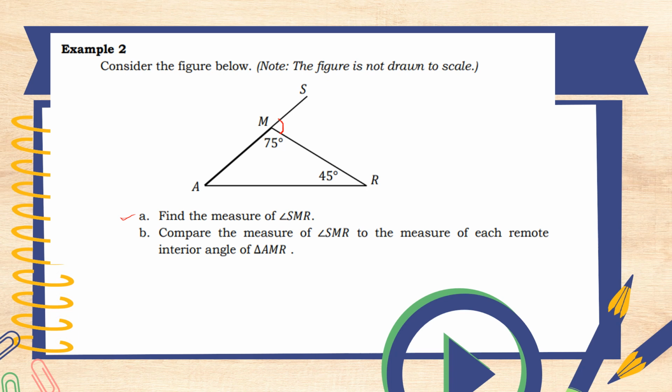notice that angle SMR and angle AMR form a linear pair. This means that the sum of the measures of these angles is 180.